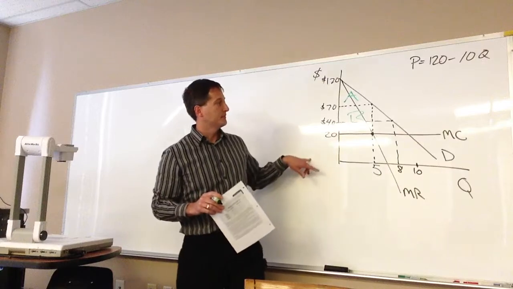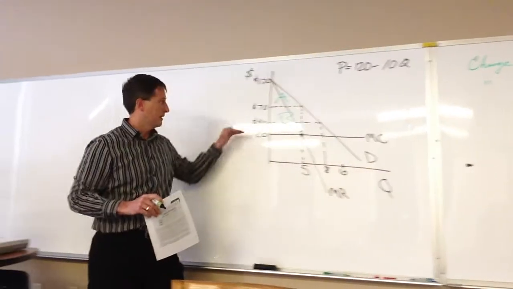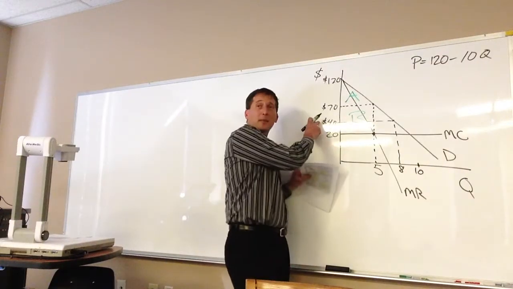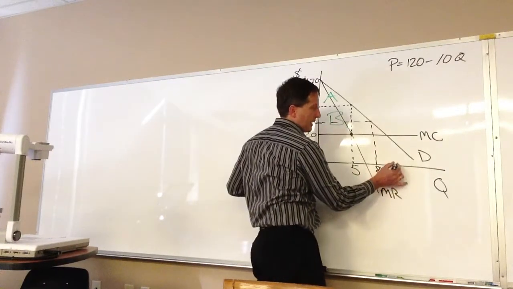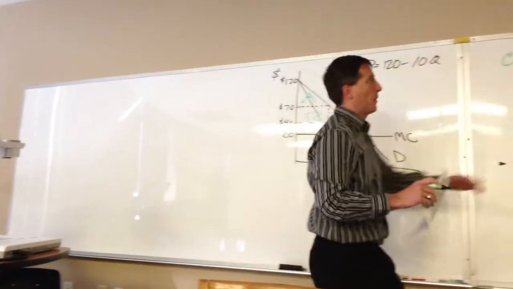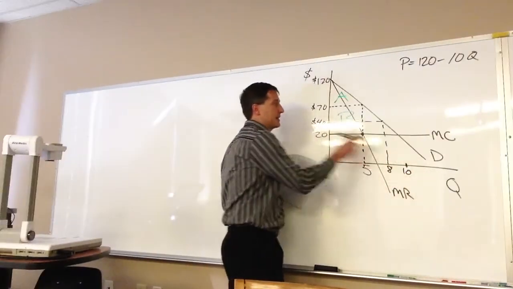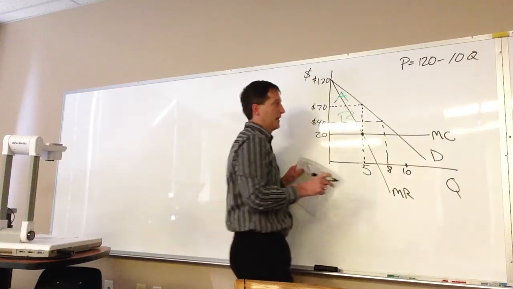20. Okay. So the price is going to be 40, not 20. So at a quantity of 10, our break point here, would this person still buy the deal? How would you know?